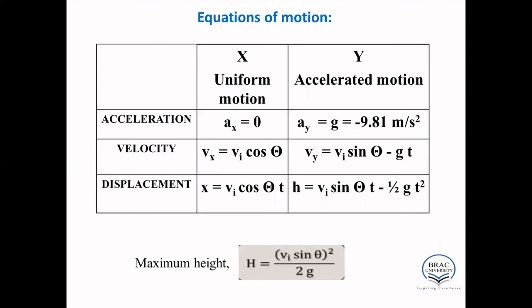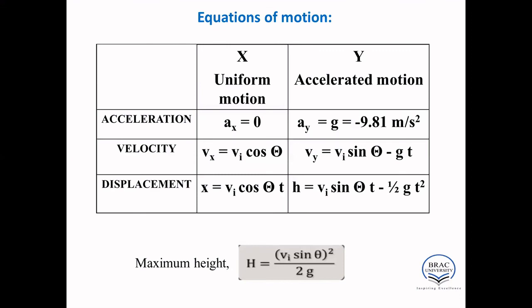So vy is changing with respect to time, but the x component is always constant, vx equal to vi cos theta. At any particular time, the x component of the velocity is constant, but the y component is changing, vy equal to vi sin theta minus gt.